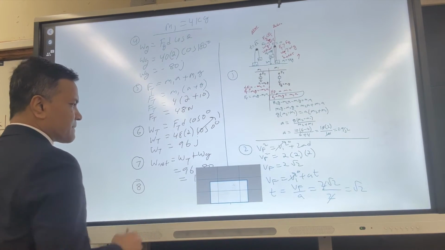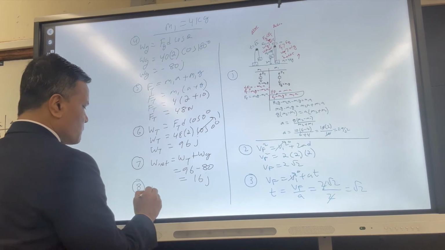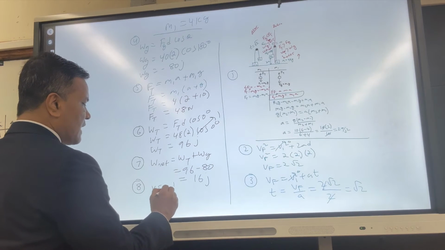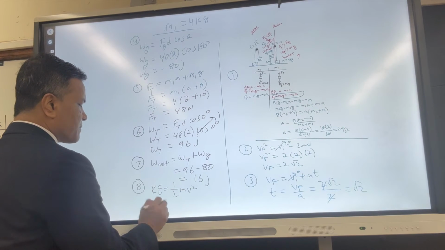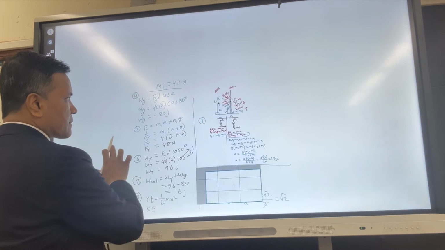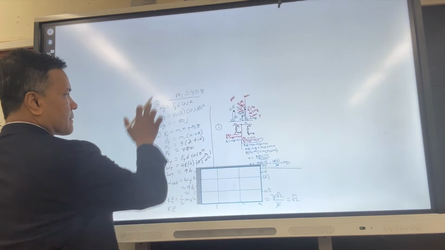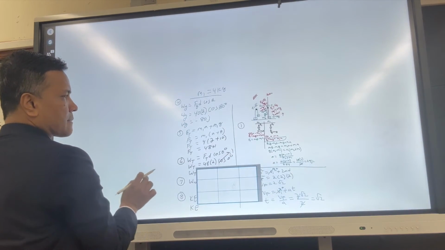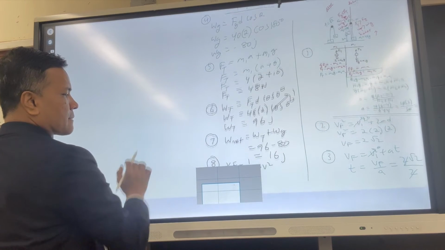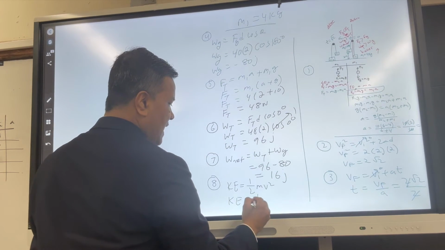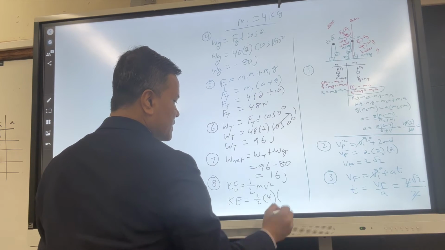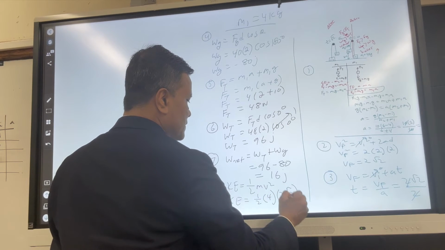Number 8, we know kinetic energy is equal to half mv squared, right? So K is equal to what? Half, m is 4, v is 2 root 2 squared.